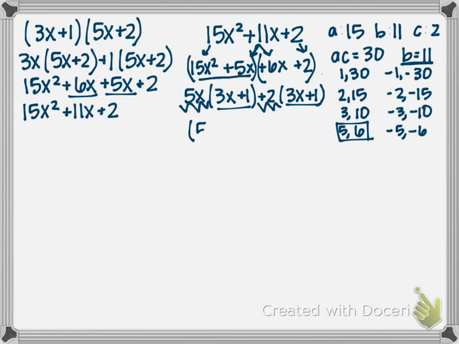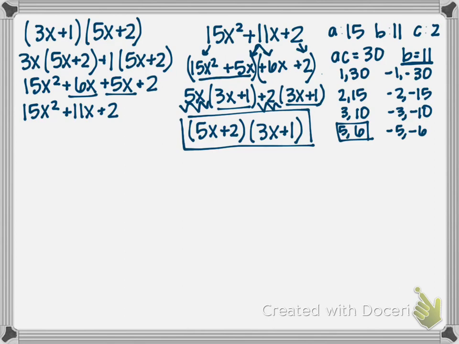So that's going to give me 5x plus 2, and then that is being multiplied by 3x plus 1. It is not being multiplied twice, it's being multiplied once, each number times 3x plus 1 one time. So this would be my factored form of 15x squared plus 11x plus 2.